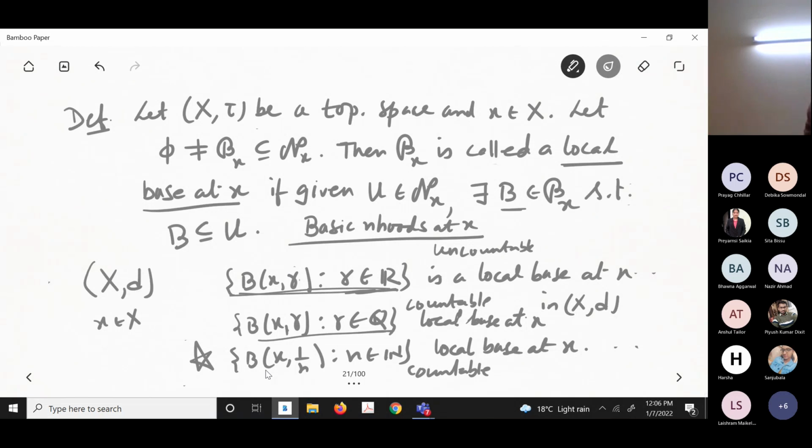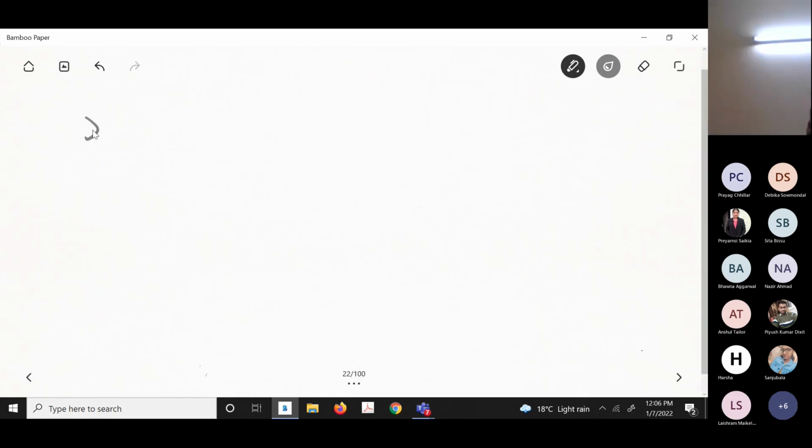With this, first try to understand local base. If you have a countable local base at each point, then it is called first countable. So the next definition: let (X, tau) be a topological space.